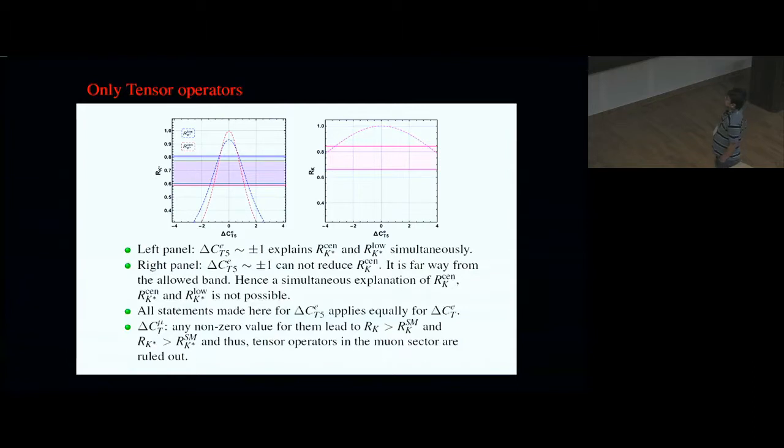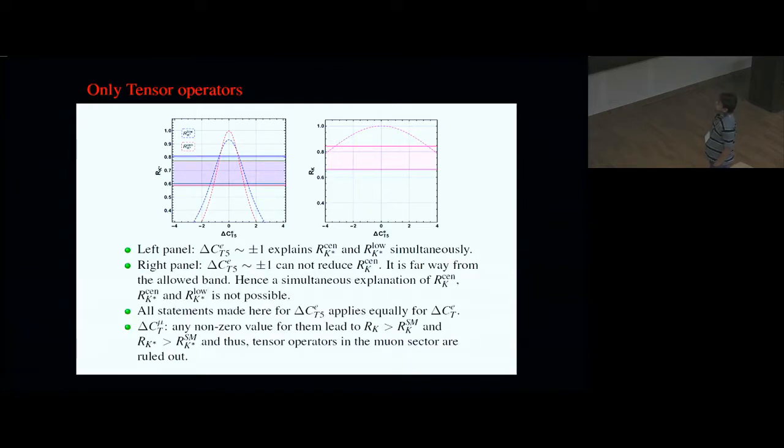Let me first try to explain the anomalies using only one tensor operator. Here you can see that the red band corresponds to RK star central, and the blue one is the low bin, and there is similar notation for the lines.